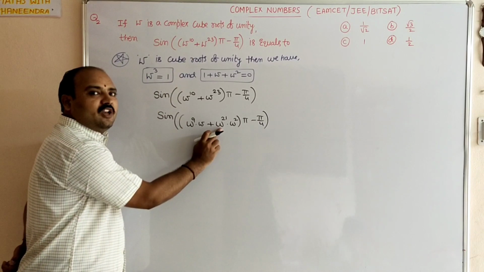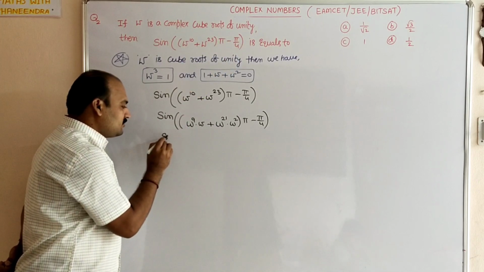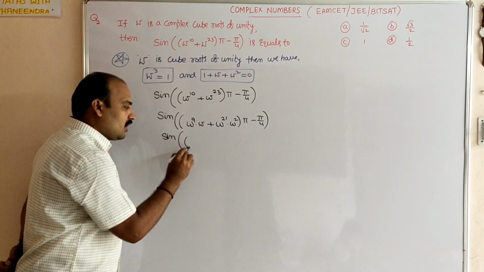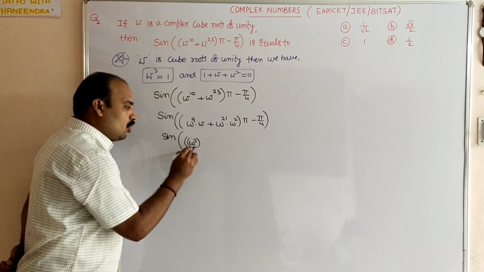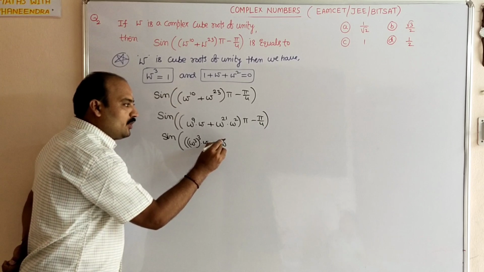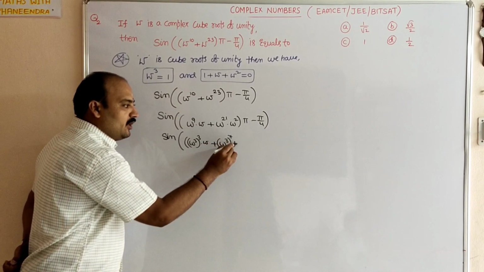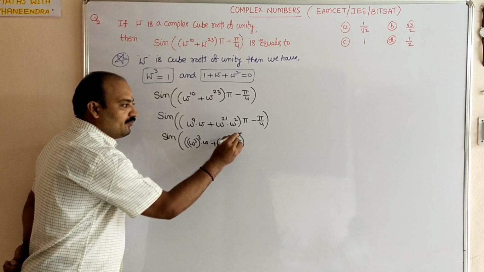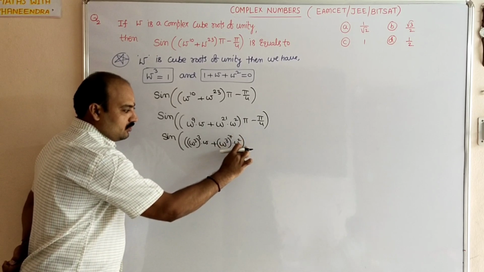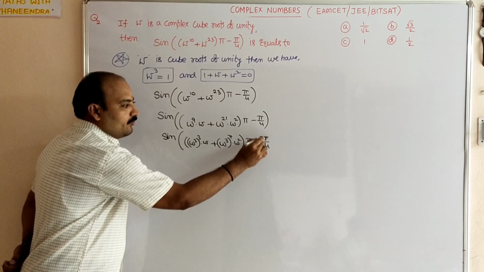Omega power 21 can be written as omega power 3 whole power 7. So it will become sine of omega power 3 whole power 3 into omega plus omega power 21 can be written as omega power 3 whole power 7 into omega square into pi minus pi by 4.